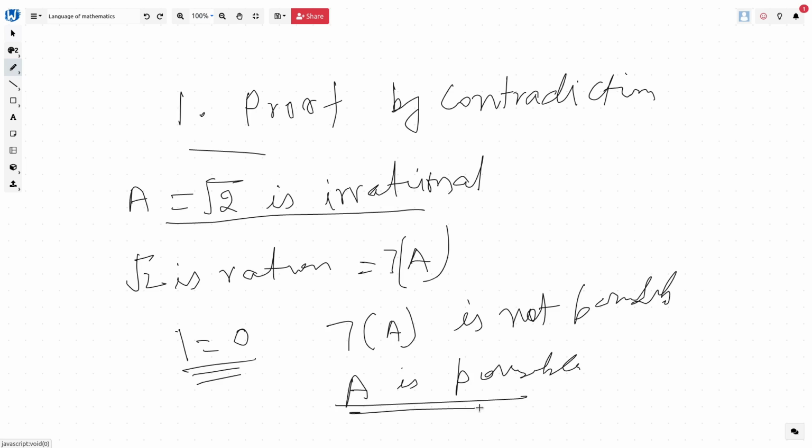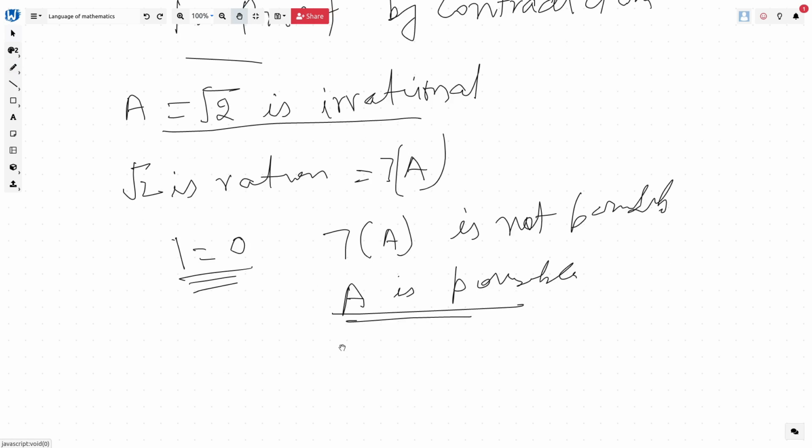So this is called the proof by contradiction, right? I'll give you another method of proof which is quite commonly used in mathematics. This is very important. This is called proof by induction.